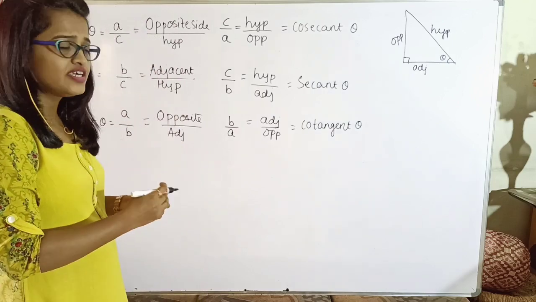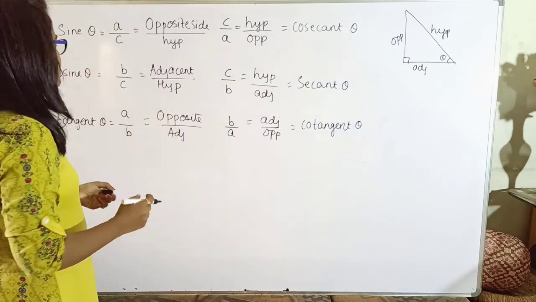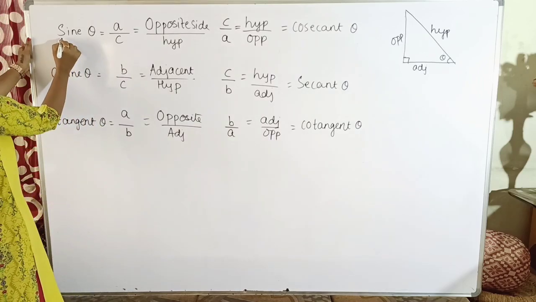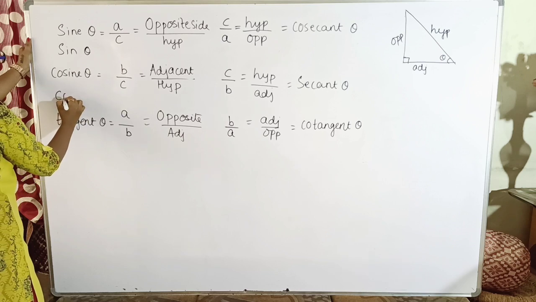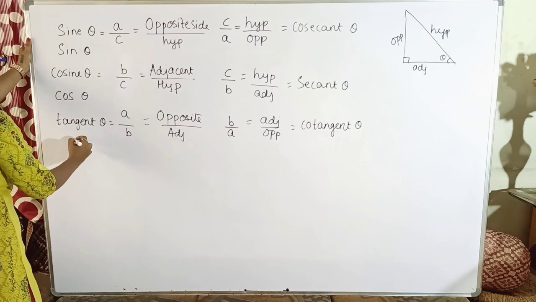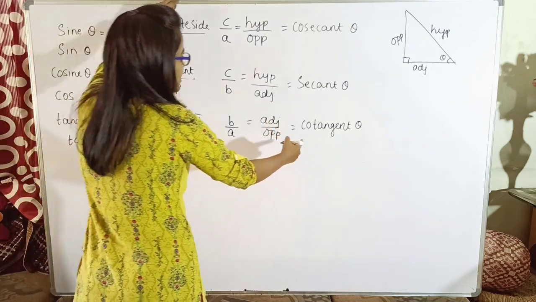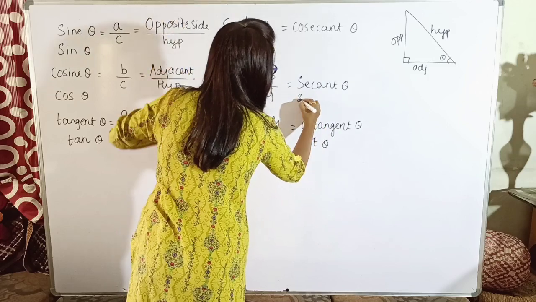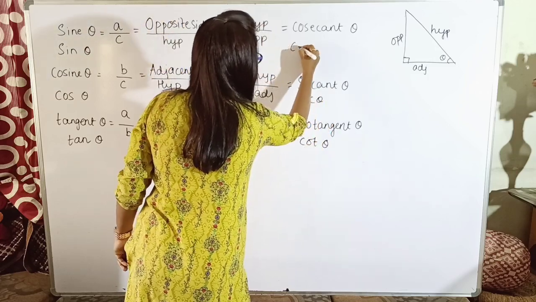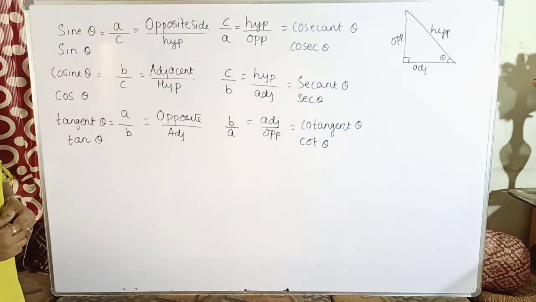Instead of pronouncing it as a whole, we use a short form. Sine theta is pronounced as sine theta. For cosine theta, we pronounce it as cos theta. For tangent theta, tan theta. For cotangent theta, cot theta, secant, sec theta, and cosecant, cosec theta. So these are the short forms we use for the respective ratios.